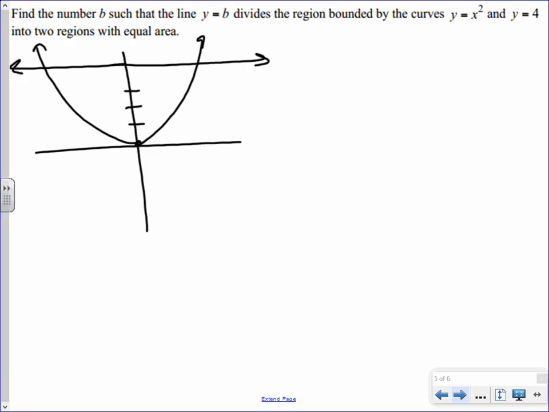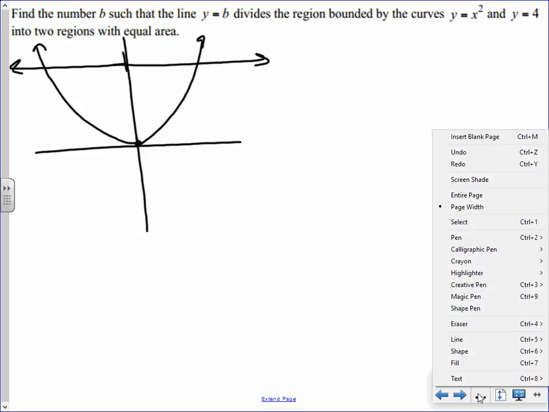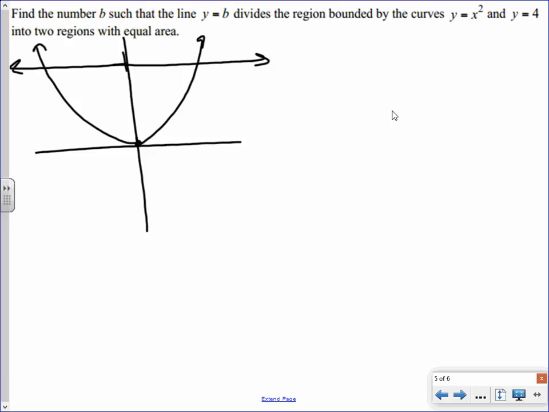And what we want, I'm going to go ahead and erase these so we don't get fixated on any of those values. Okay? What we want is we want to take this area in here, and we want some line y equals b to split that into 2 equal areas.